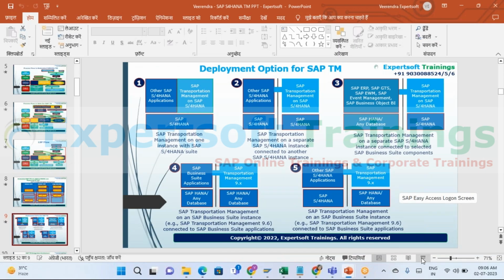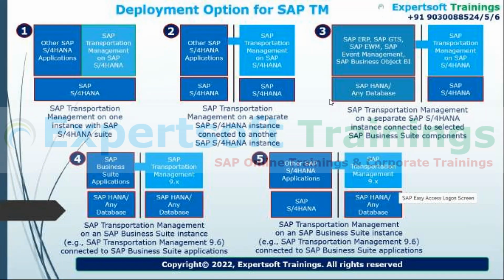Yes. Okay, now the reversal of process 3 is process 5. Process 5 means ERP is in S4, but TM is in the old version. TM initially started as a sidecar, right? I started my career with TM 8.0, and looking at the screenshots I have of TM 8.0, it's a hell and heaven difference.